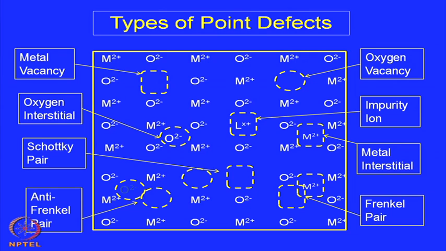No solid is actually perfect. All solids will have some kind of defects all the time, and they have a very important role to play so far as the properties of the materials are concerned. Just like the crystal structure has an important role, the crystalline defects also have a very important role to account for different properties.